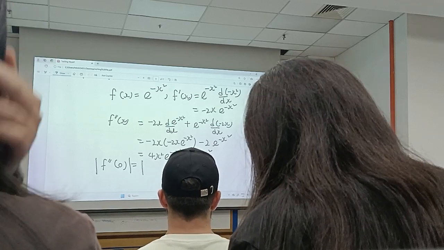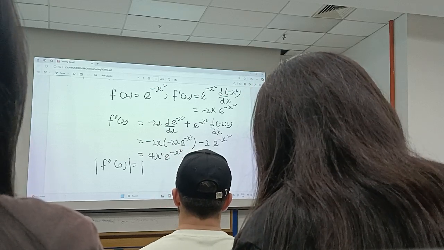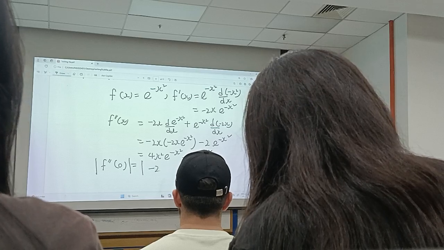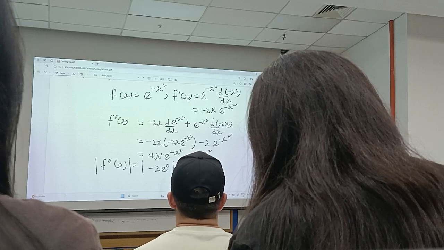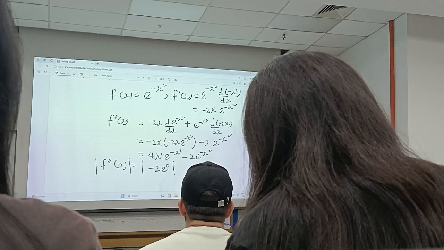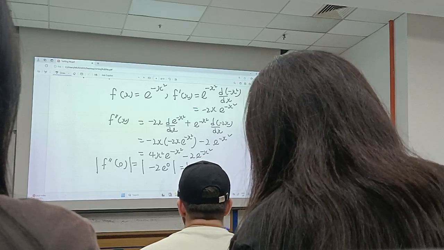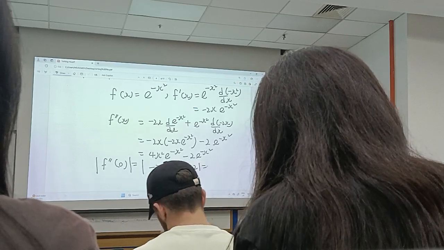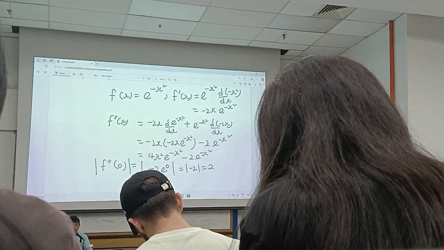So 4 times 0, whatever times 0 we get 0, right? Then here will be plug in 0 into here. So e to the 0 equal to 1, yes. Okay, so as a result equal to negative 2. So since we consider the absolute value only, so equal to 2.